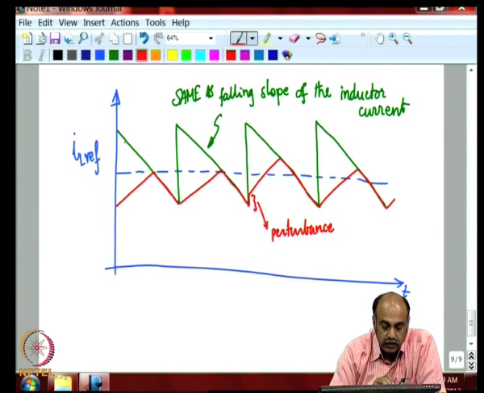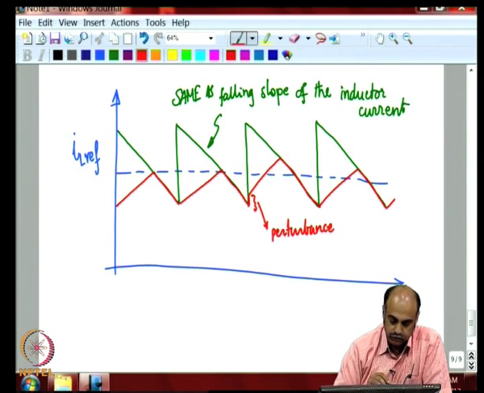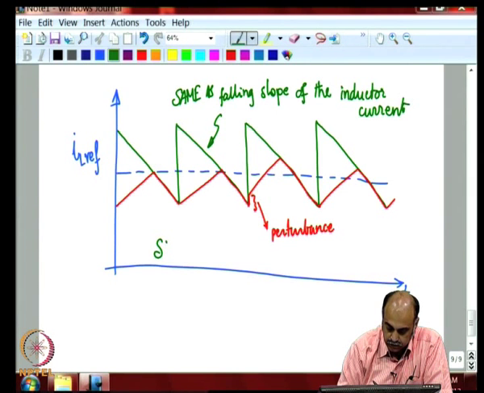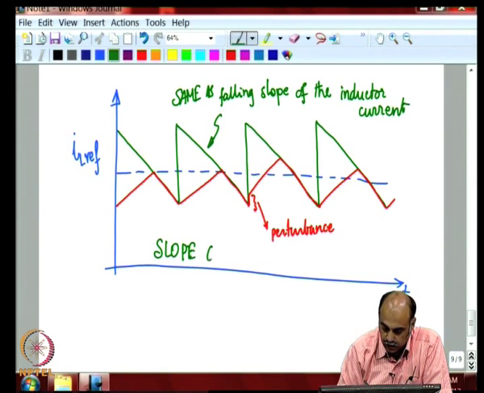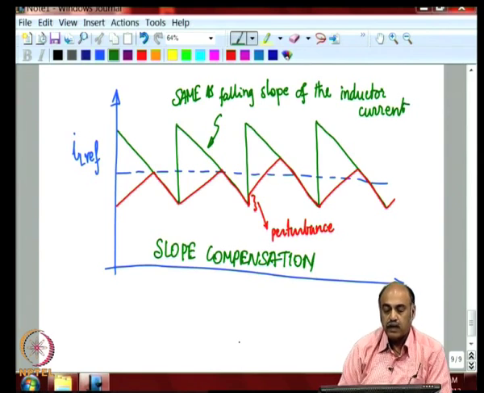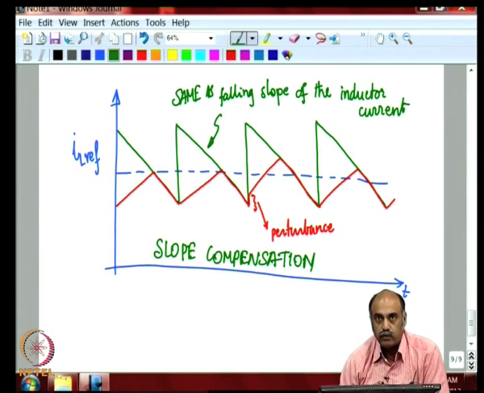So, giving this kind of a compensated reference, a reference which is changed in slope, the slope same as the falling slope of the inductor current, is called slope compensation. And it is essential for all current control applications where the duty cycle can go greater than 0.5.